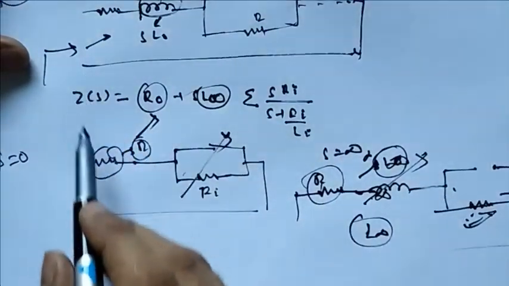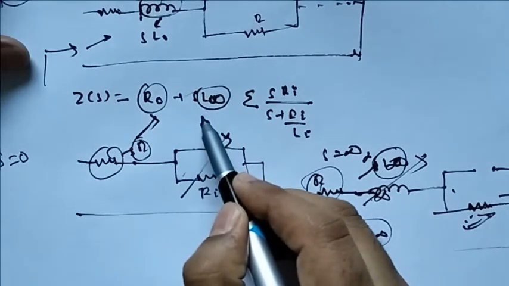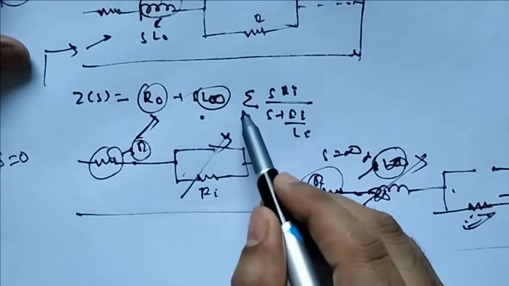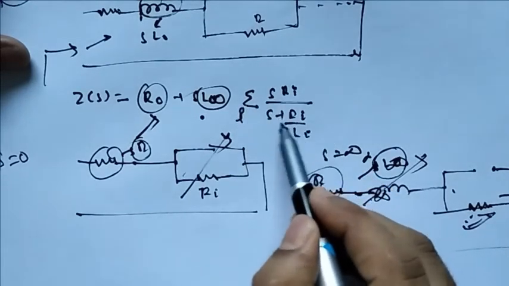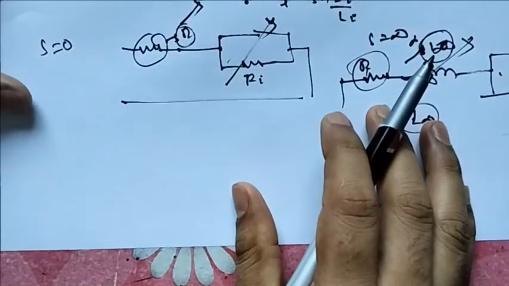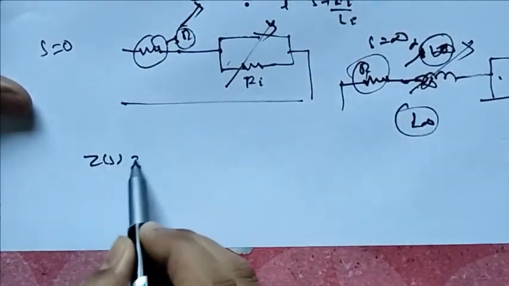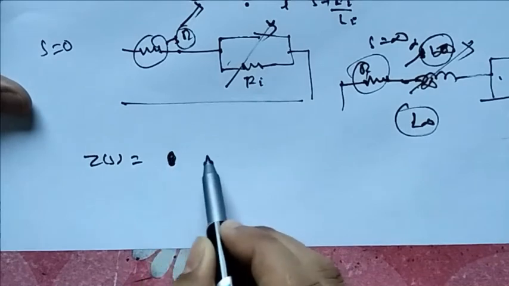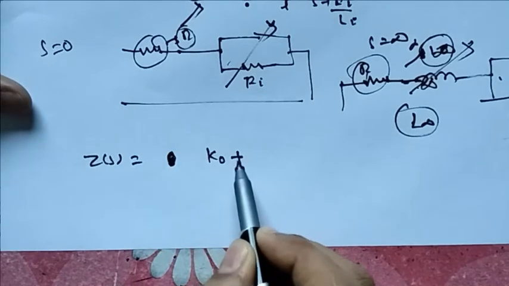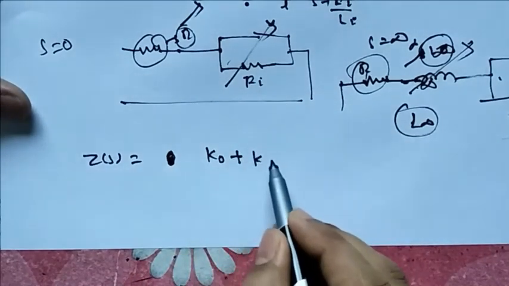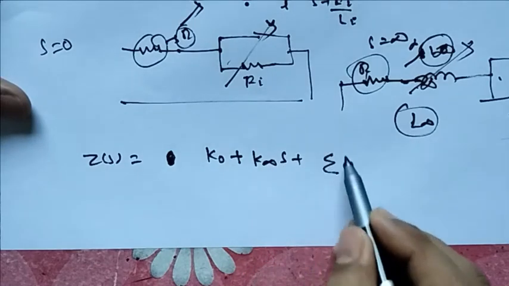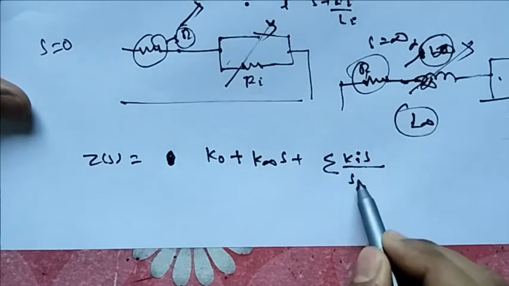So we have this form: Z is equal to R naught plus S L infinity plus the summation of S Ri by S plus Ri by Li. Now writing it in separate form, in constant form: K naught plus K infinity S plus Ki S by S plus sigma.